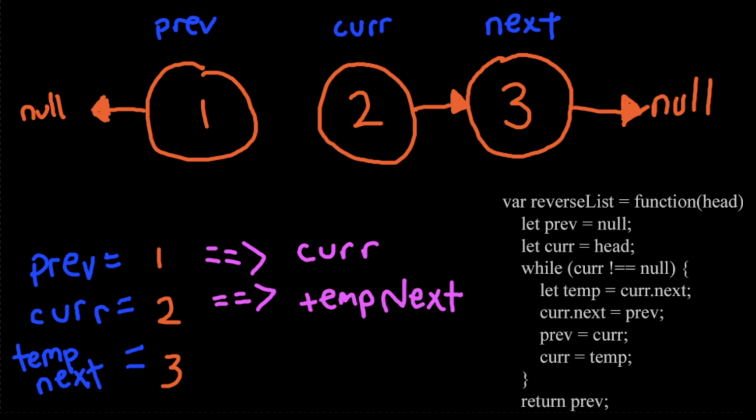So you're in the while loop right here, and temp is going to be set to the current next, which you see is 3. It's right here. And then the next line is current's next. It's going to be previous. Well, we see current is 2, and its next is going to point to previous. So basically, you draw your dotted line.